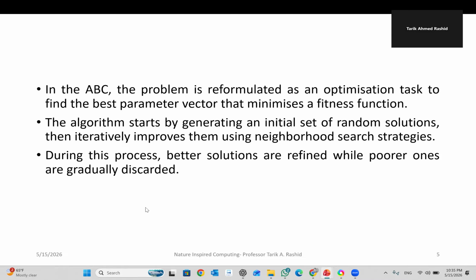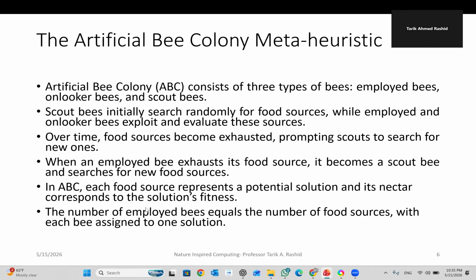During this process, better solutions are refined and found, while poorer ones are gradually kicked out or ignored. This algorithm has three types of bees: employed bees, onlooker bees, and scouts.